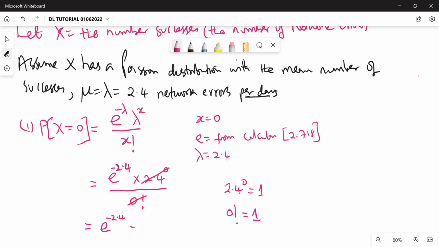If you evaluate correctly, this will be 0.0907. So that is the answer to Roman 1.